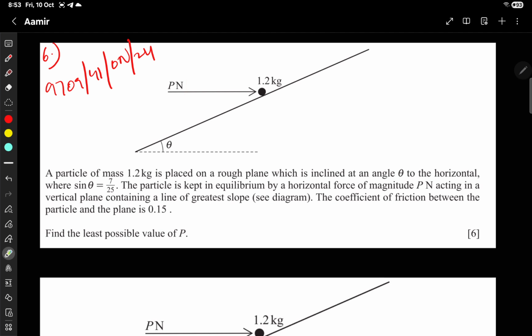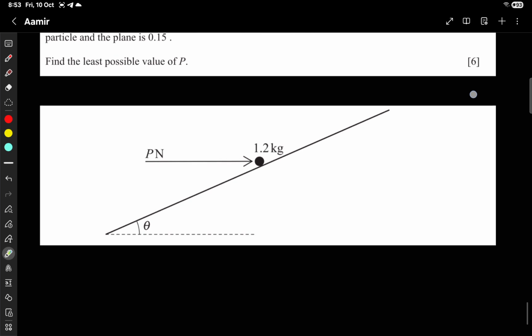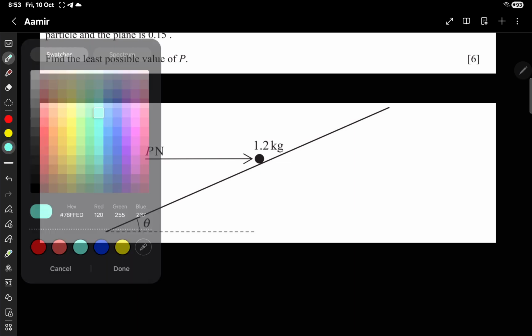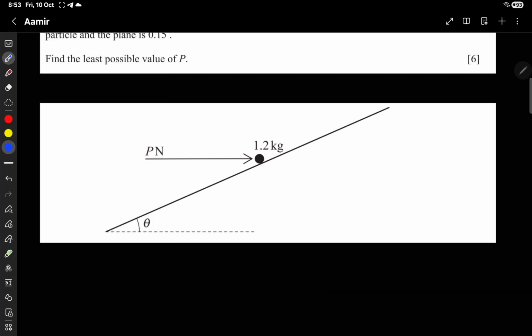Okay, so I have enlarged the diagram here, so that we can first draw a free body diagram for this one. So first, I have a force of 12 newtons towards down.